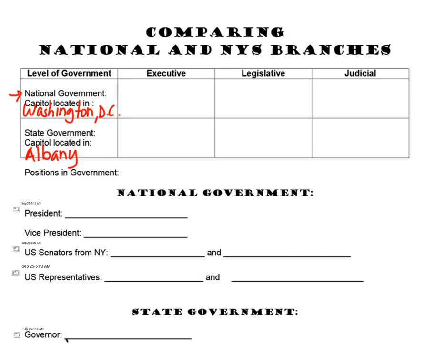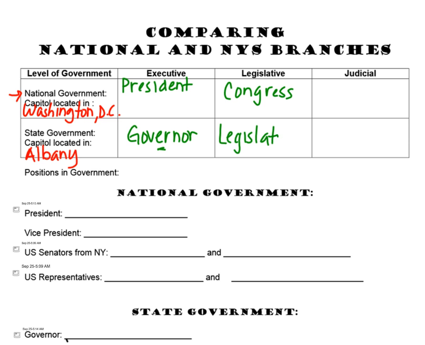Now, on the executive level, on the national government, we have the president. On the state level, we have the governor. Make sure you spell that right. On the national level, in the legislative branch, we have the Congress. Remember, that is a bicameral legislature, 2 houses, the House of Representatives and the Senate. And on the state level, it's called the legislature.